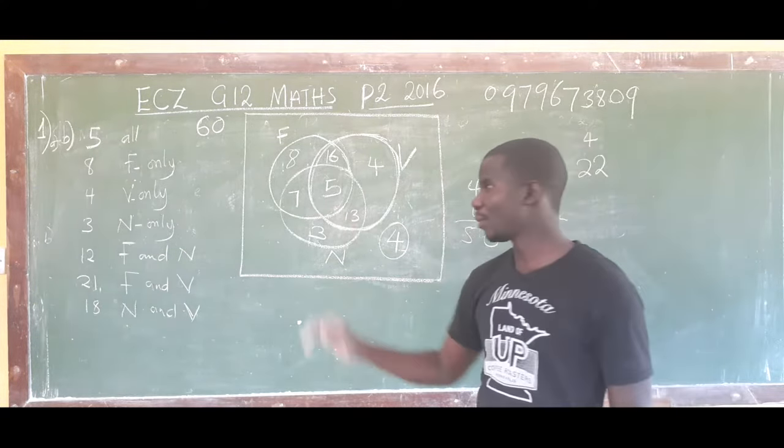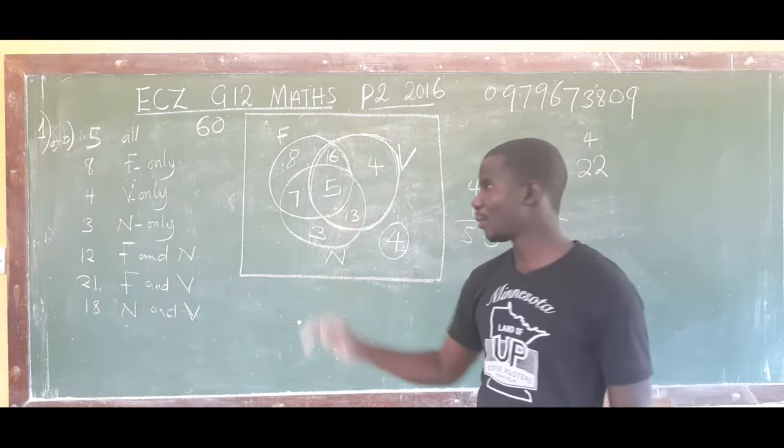Then we have 44 divided by 52 again. We get 0.84, so we round off and get 0.85. 50 divided by 52, we get 0.96.